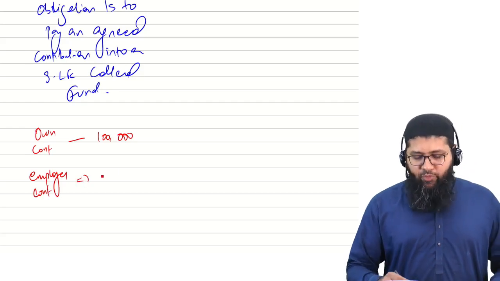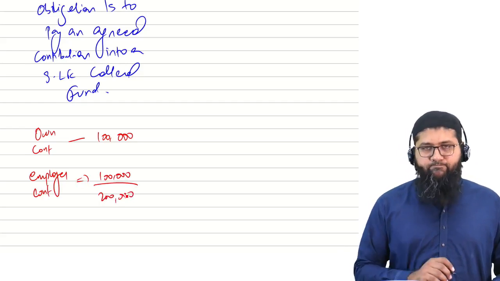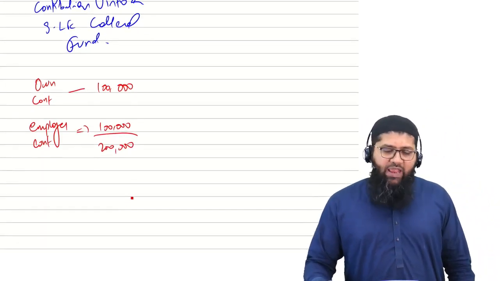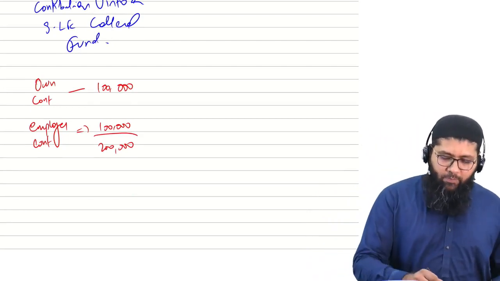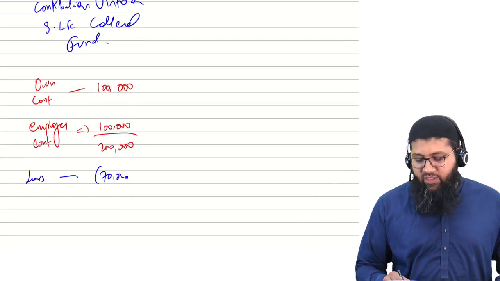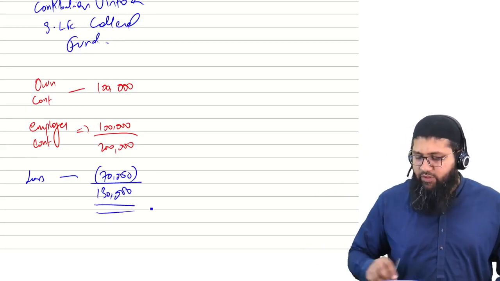The employer contribution is also 100,000, so 200,000 in total. Now something goes wrong and you have a loss on the investments, and a 70,000 loss is incurred, so the leftover amount is 130,000.